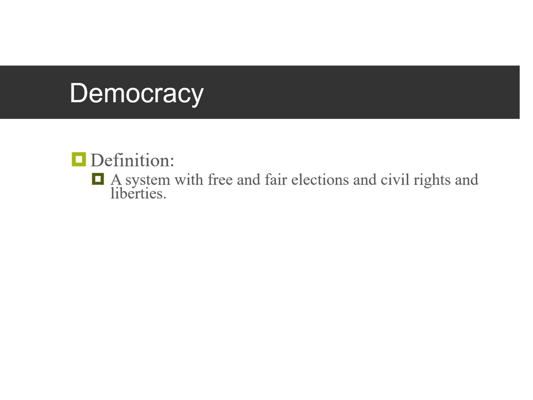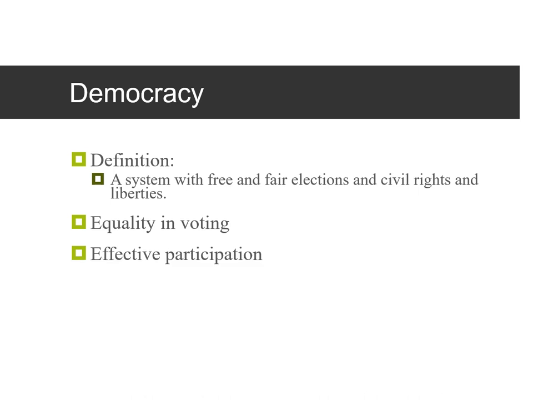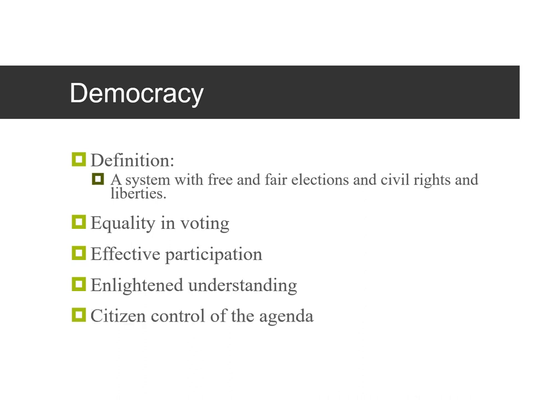What is democracy? It's a system with free and fair elections and civil rights and liberties. And also, there's equality in voting, effective participation, enlightened understanding, citizen control of the agenda, and inclusion.